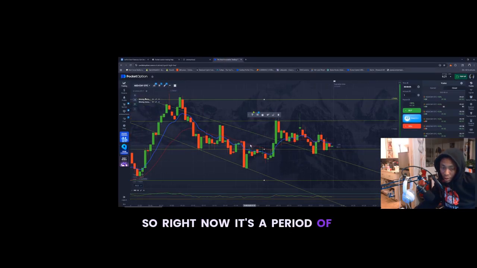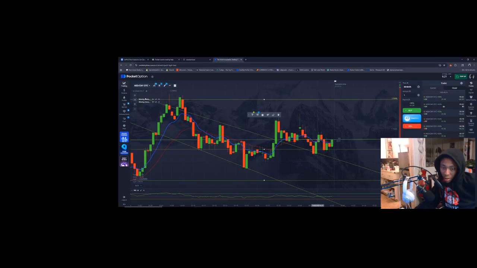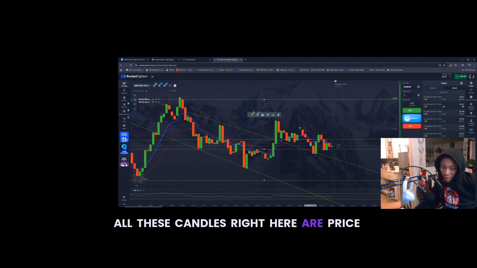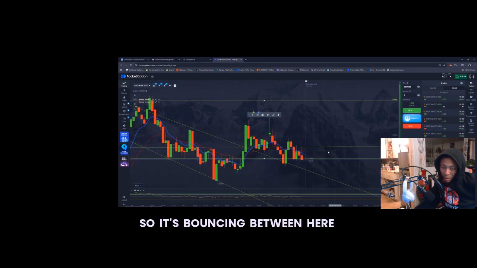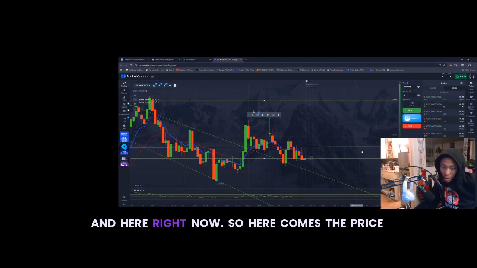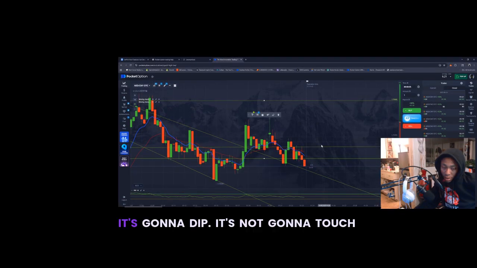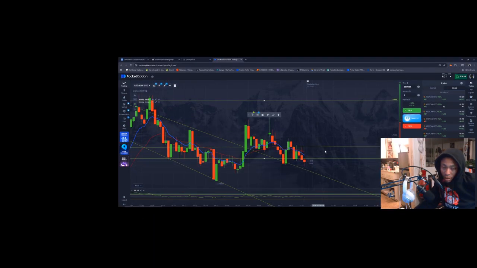So right now it's a period of consolidation. Try to bring this line here. All these candles right here are price confirmation. So it's bouncing between here and here right now. So here comes the price hike. It's gonna dip. It's not gonna touch here. It's gonna go up.